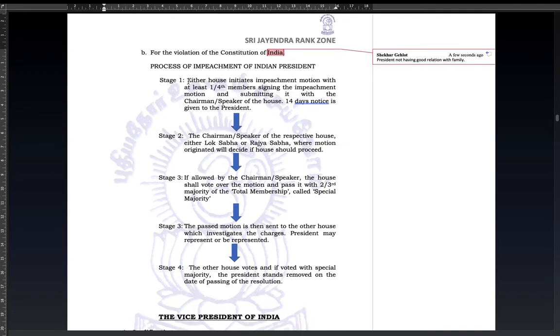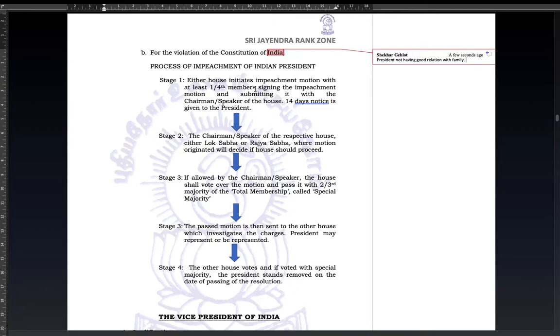First stage: either house initiates the impeachment motion with at least one-fourth members signing the impeachment motion and submitting it to the chairman or speaker of the house. 14 days notice is given to the president. So in the first stage, either the Rajya Sabha or the Lok Sabha will initiate the impeachment motion with at least one-fourth members signing.